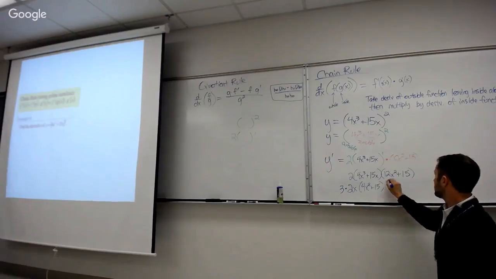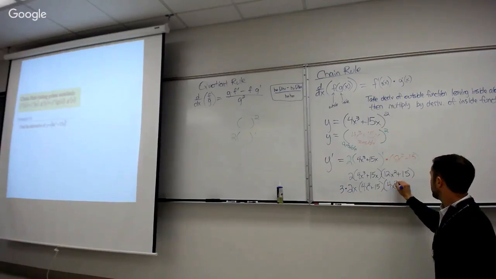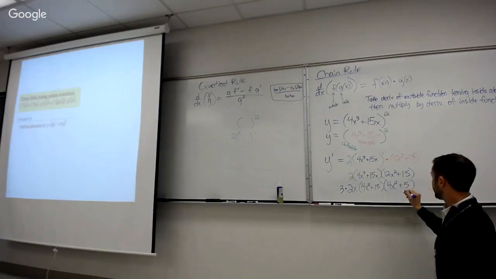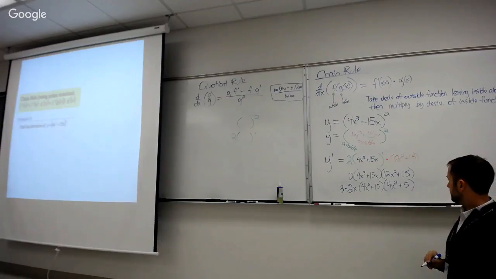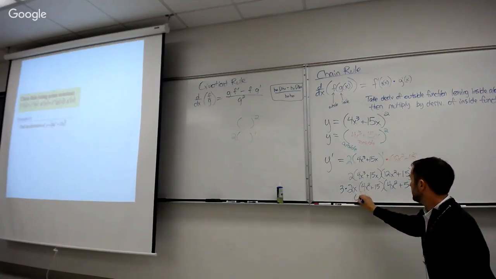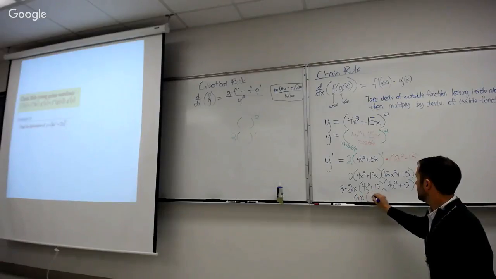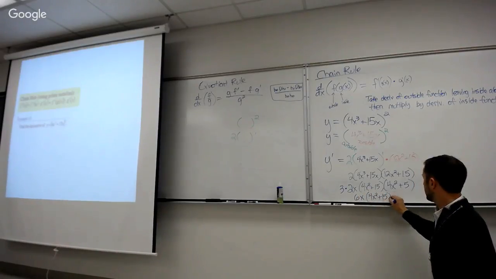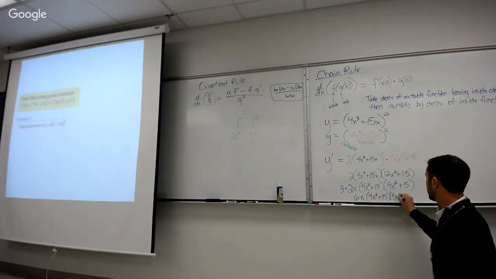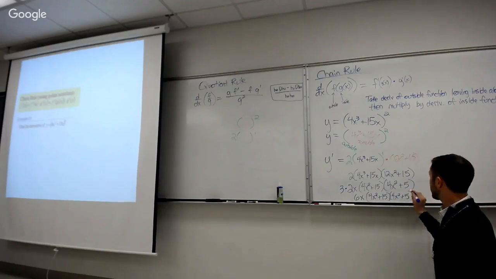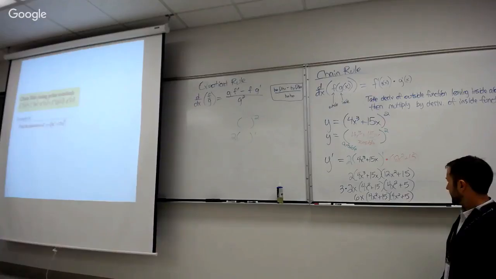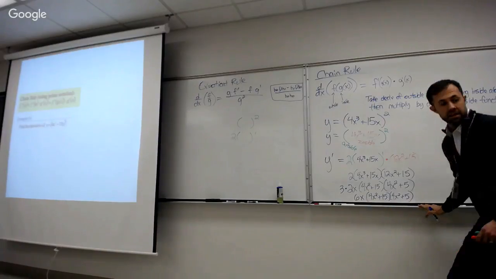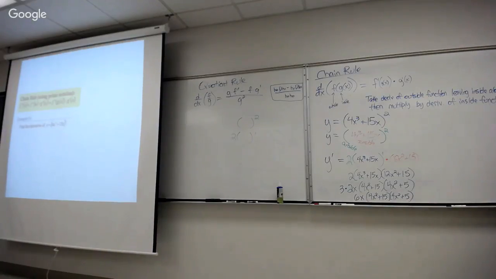And so now I also have 4x squared plus 5. There. So what's my final answer? 6x and 4x squared plus 15 and 4x squared plus 5. And at least that way it's factored. It's factored as much as we can in its current state.